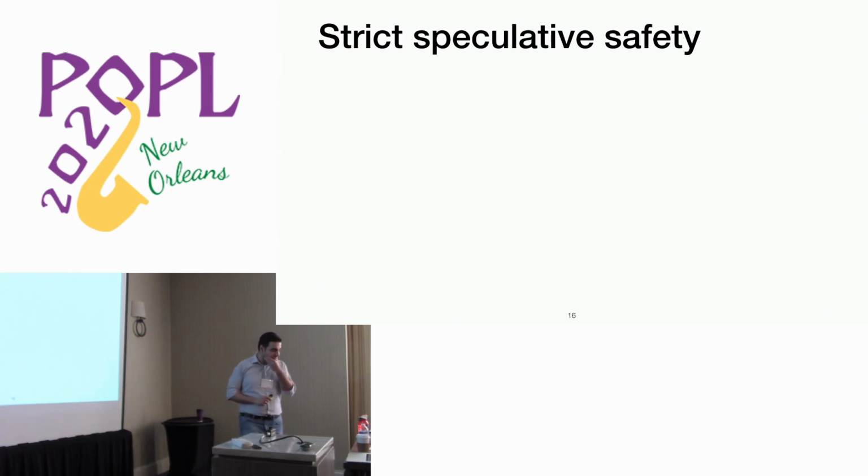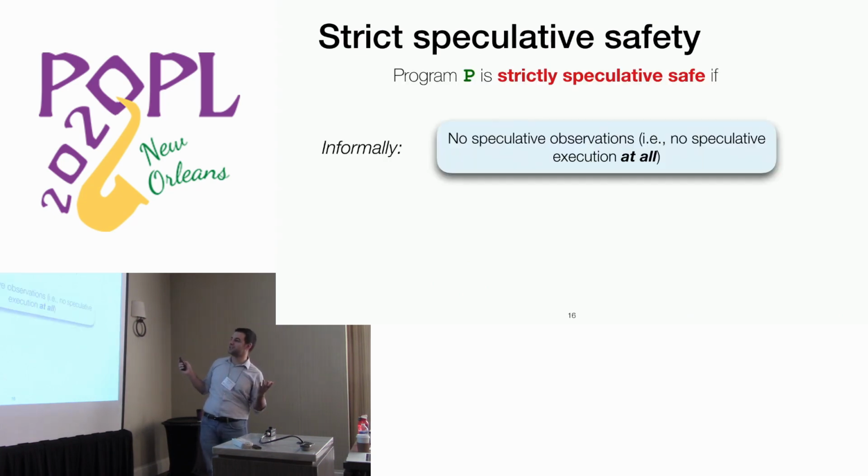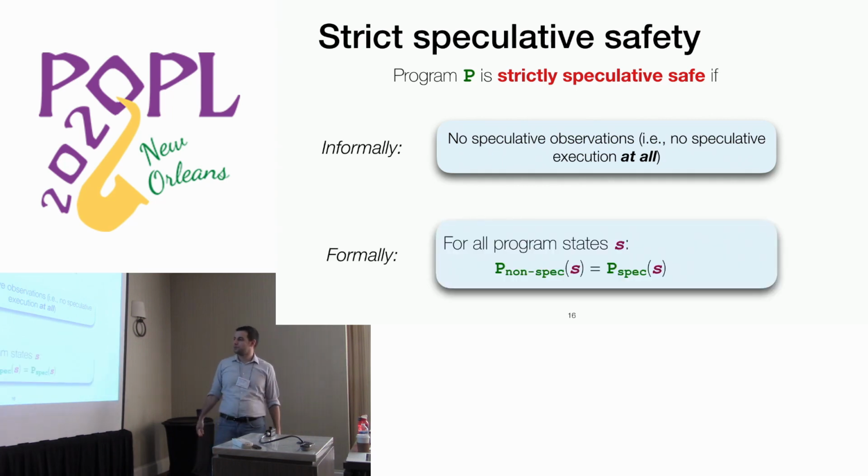Strict speculative safety is a very conservative security condition against Spectre attacks. Informally, we can say that a program is strictly speculative safe if there are no observations in the speculative trace, so no observations that happen inside transactions that are rolled back.